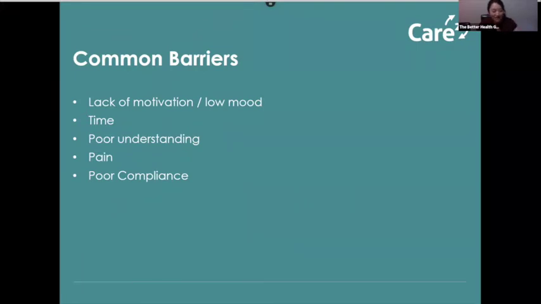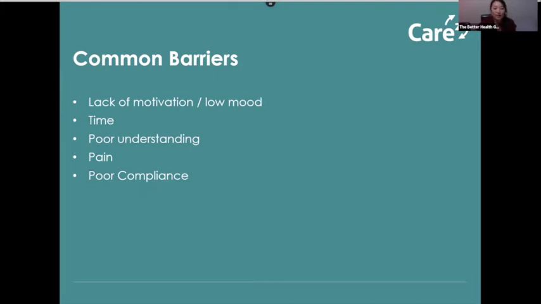Probably another common barrier that we see is poor understanding. Most often, participants are unsure of what they can do or what to do, or they don't understand the purpose of the program or why they are doing it.